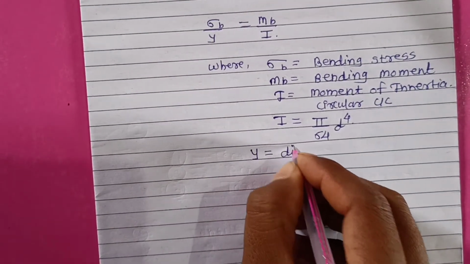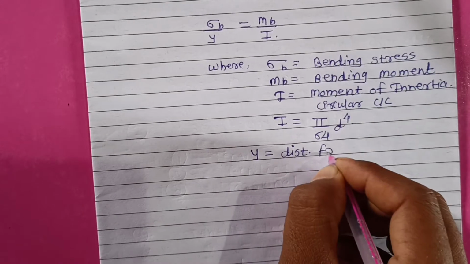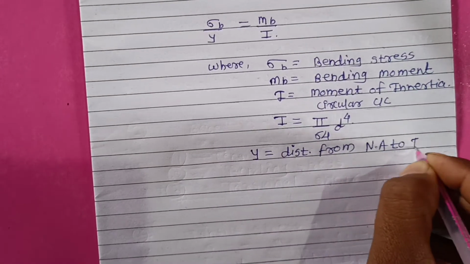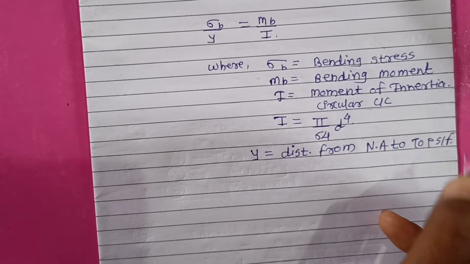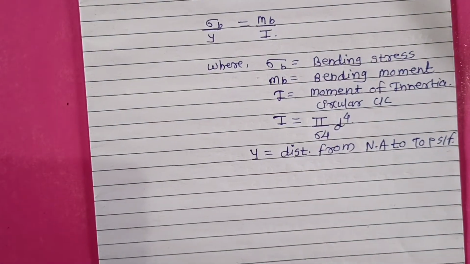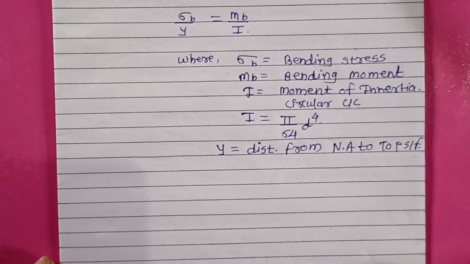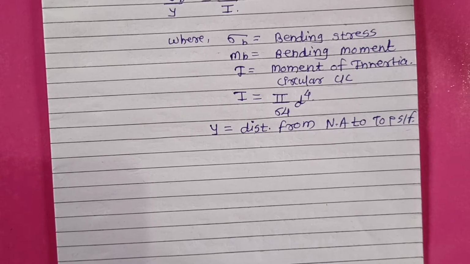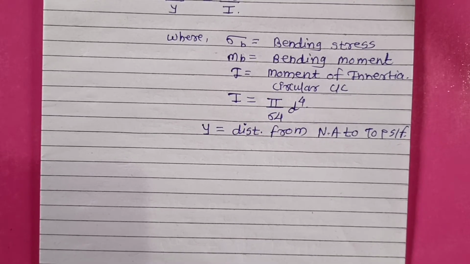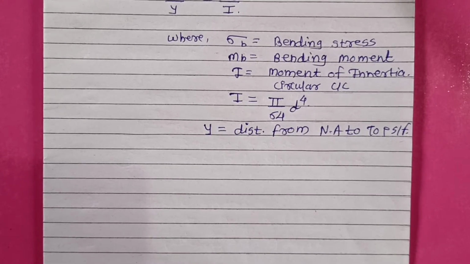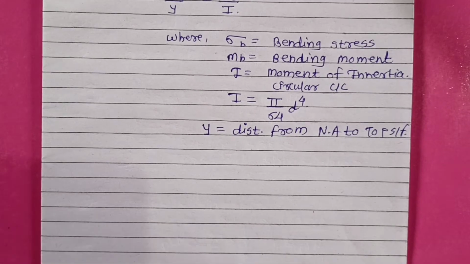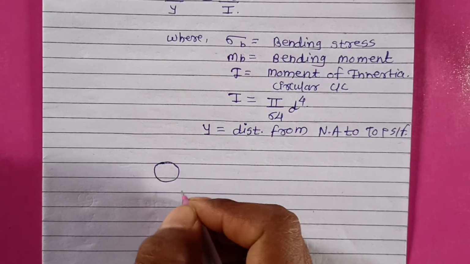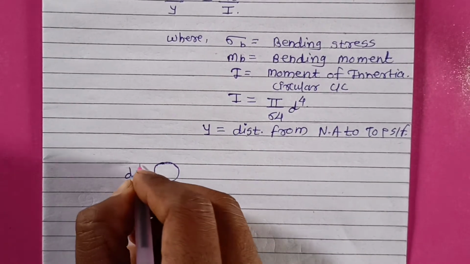It is nothing but the distance from the neutral axis to the top surface. Now see here, what is meant by y? Y is the distance from the neutral axis to the top surface. Then I am considering one circular cross section shaft having a diameter of small d.